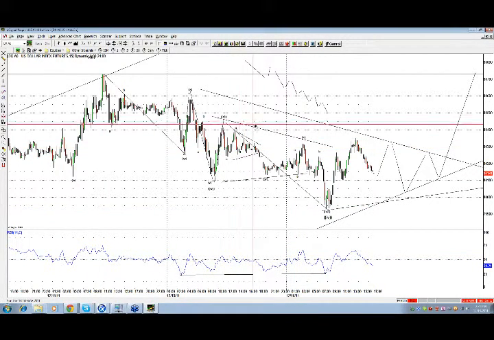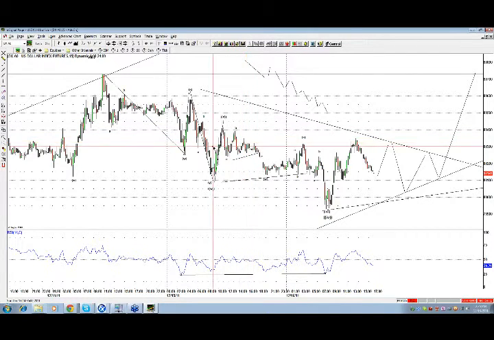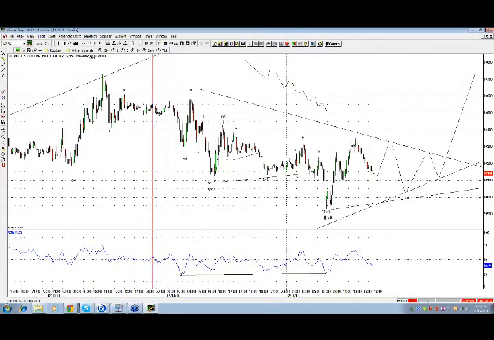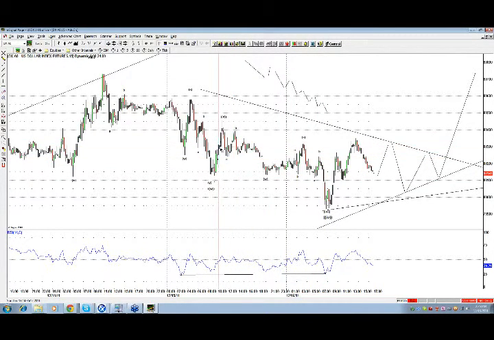So I would have to say that the best count is either ABC, WXY, or Y in a way of the double triangle, double zigzag, I'm sorry. Or I can tell you, this low comes with divergence when it comes to the RSI.